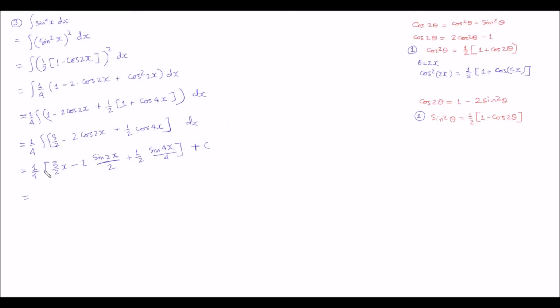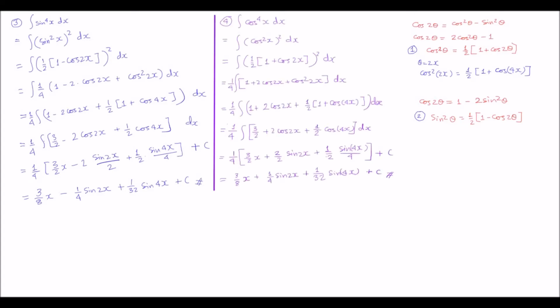Let us multiply 1/4 with all of these things. So this would be 3 divided by 8 x minus 2, and the 2 gets cancelled, so we will have 1/4 of sine 2x plus 2 times 4 is 8, times 4 is 32, sine 4x plus c. So that's our answer.